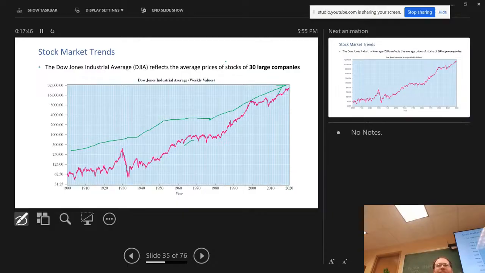But 30 of the big companies make that up. You might have seen on social media that people were going crazy because the Dow just crossed 50,000 for the first time. I think it was last week. That's what they're referring to there.